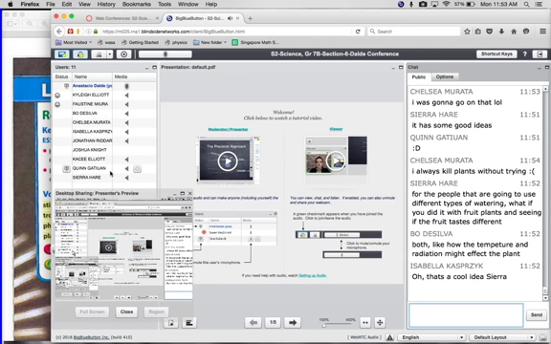All right. For people that are going to use different types of watering, what if you did it with fruit plants and seeing if the fruit tastes different? That would be pretty interesting. Absolutely. Go use a plant that already has some kind of small fruit and then set up a blind taste test. So you need to find a plant.